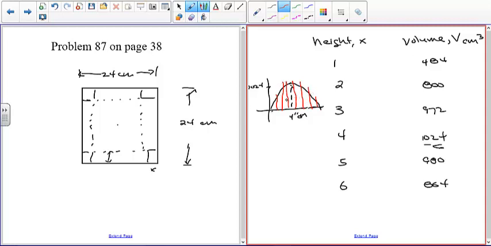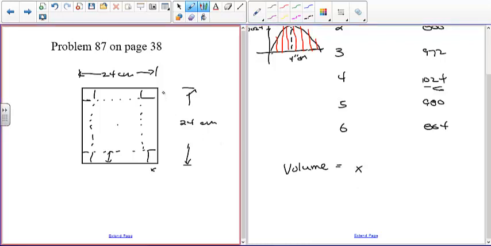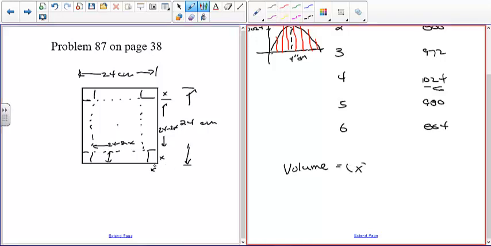And it says if v is a function of x, write the function and determine its domain. So what you can do is the volume of this construction is going to be the height, which is x. And then if this is x and this is x, then this dimension, what's left over, is 24 minus 2x. And the same thing over here. This is going to be 24 minus 2x. So the total volume is the height times this times that.